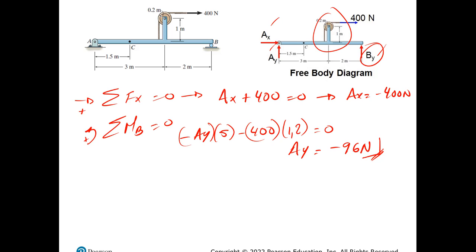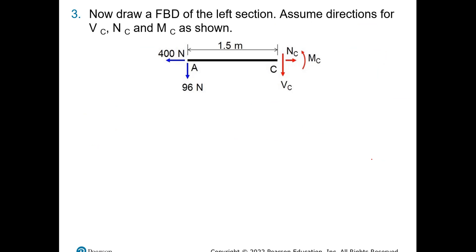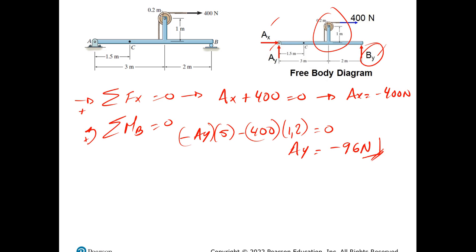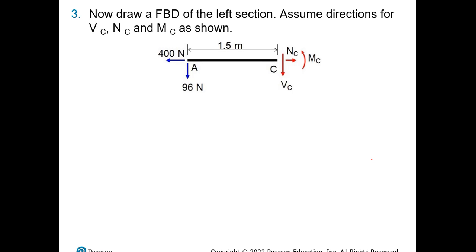Alright? So once I have what I need, I can go ahead and break up the beam and then start doing the results. I already have my loads right here. All I have to do is add the unknowns, as you know, the couple moment, normal, and BC, and just perform the equations of equilibrium.